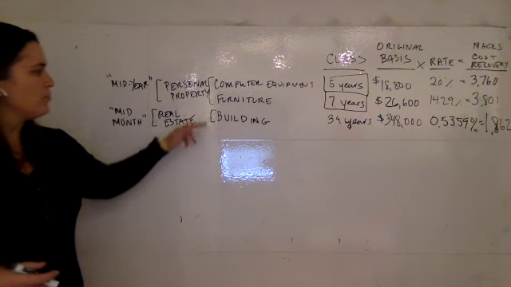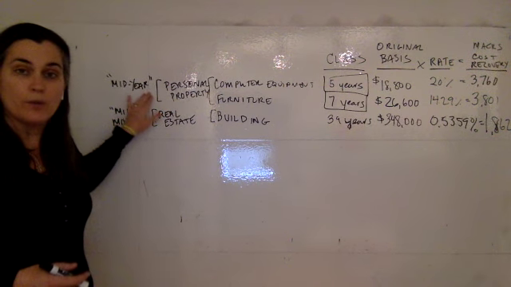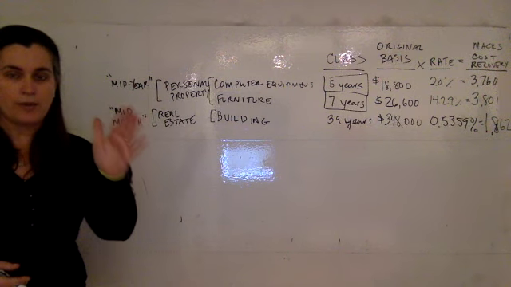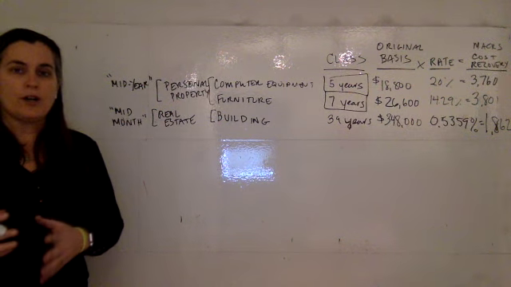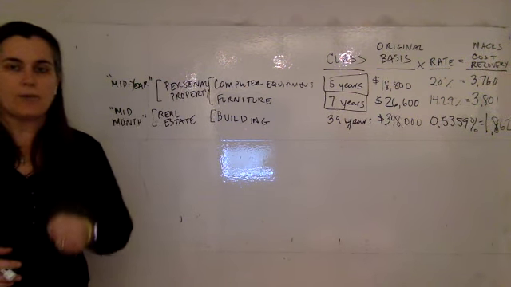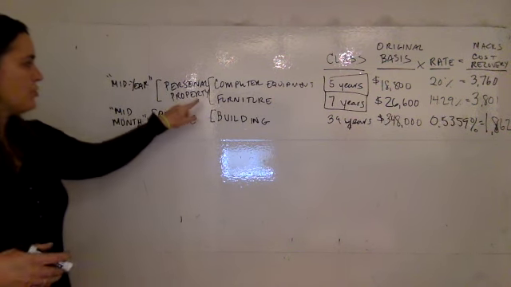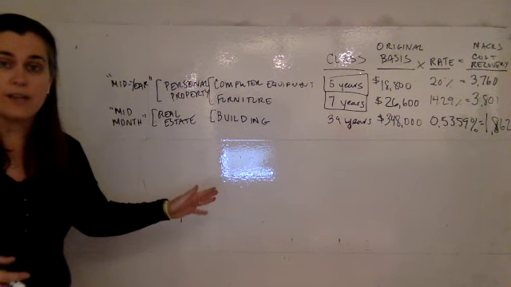What the IRS rules allow us to do is assume that we purchase the property on July 1st, so in the middle of the year. The IRS rules are creating an estimate here: regardless of when the asset was purchased and placed in service during that year, we're going to start depreciating as of the middle of that year.